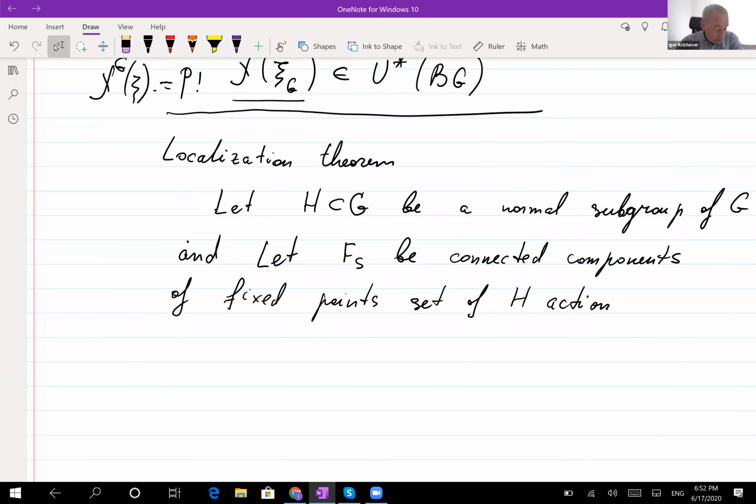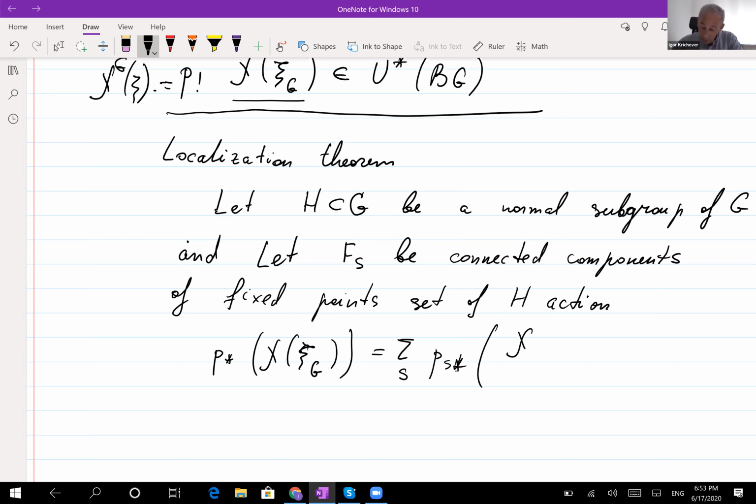And then the localization formula is of this form. For any characteristic class psi of G, it is given as a sum over all connected components Fs of the push forward of the evaluation of psi S G. So you just restrict your psi onto the submanifold Fs and divide by the Euler class of the normal bundle to this component.